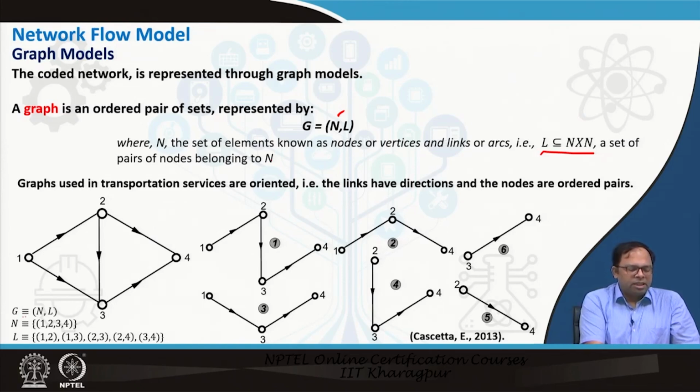So, we can see G is the entire graph. G is equivalent to N and L, and N we have got 1, 2, 3, 4, and these are the nodes, and the links L are (1,2), (1,3), (2,3), these are the different links, and that is what is being shown over here.